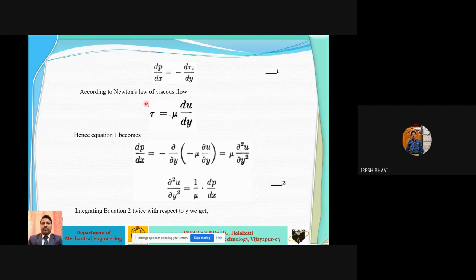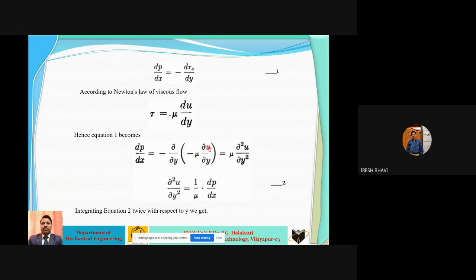Now, according to Newton's law of viscosity, we know that shear stress tau is equal to minus mu into du by dy. Now let us substitute it here. So dP by dx is equal to minus of d by dy of tau, that is minus of mu into du by dy.